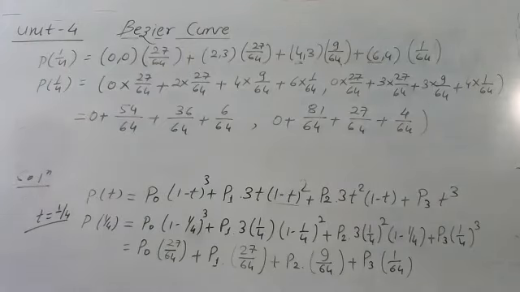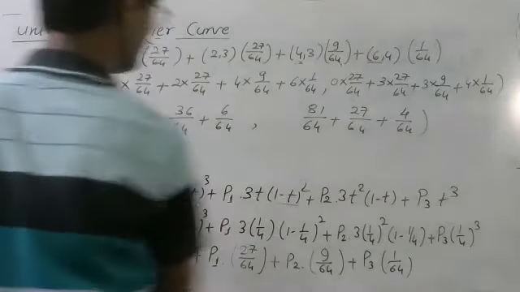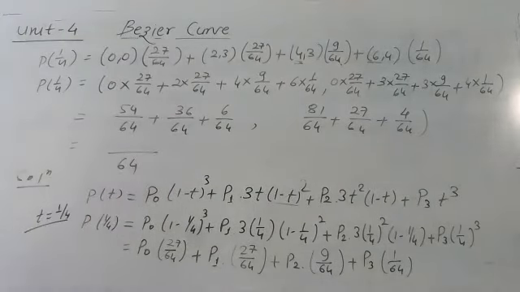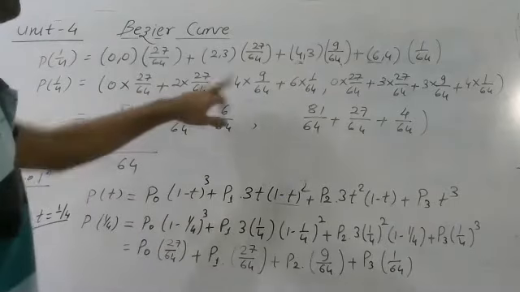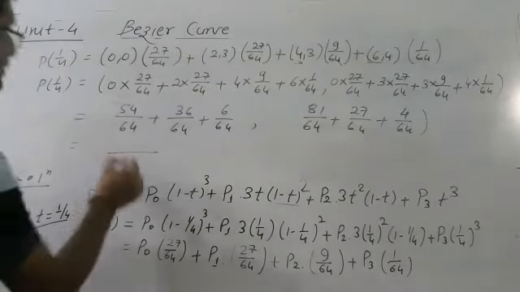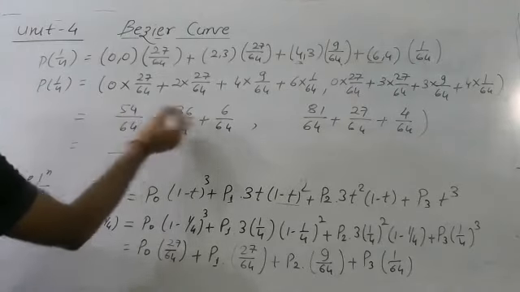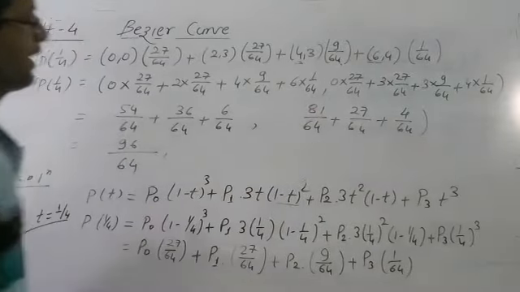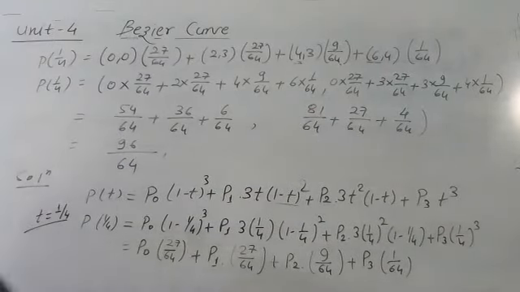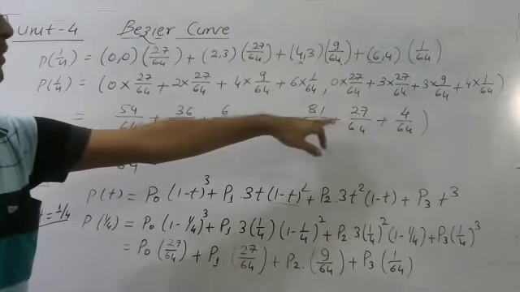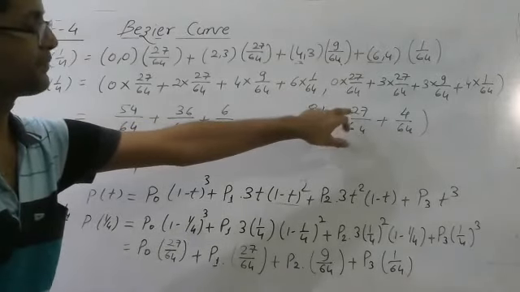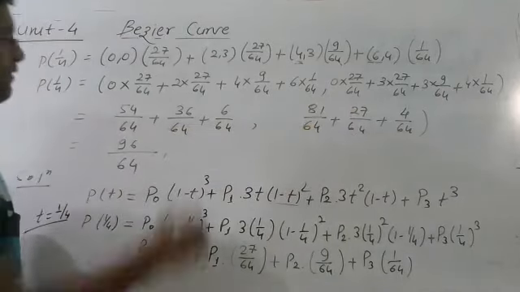Now taking the LCM, 64, we remove this 0, there is no use of this 0. Then 54 plus 36 plus 6, that is 54 and 6 is 60, 90, 96. And here 81 plus 27 plus 4, so 81 and 27 is 108, 112.